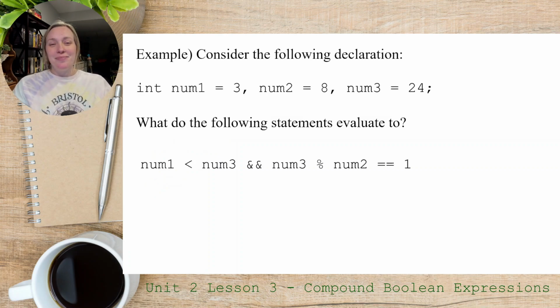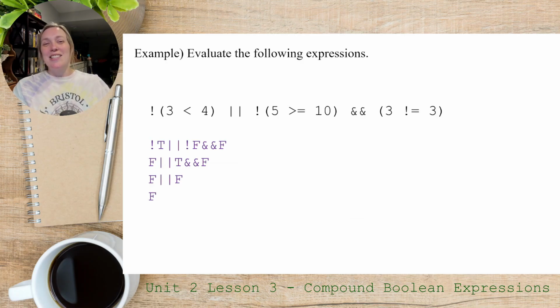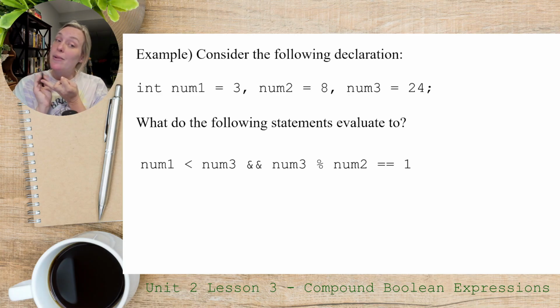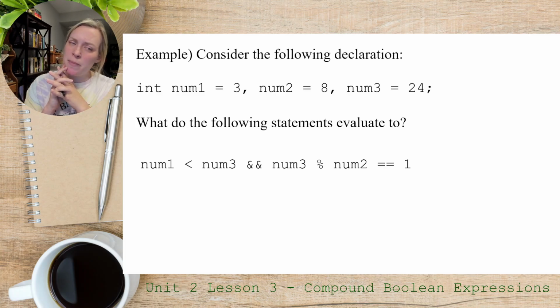So a couple of examples. Here's some other examples. Same situation as our last expressions, except now we have to deal with substituting in numbers, and we have to deal with a little bit of operations in there too, just to make things fun.